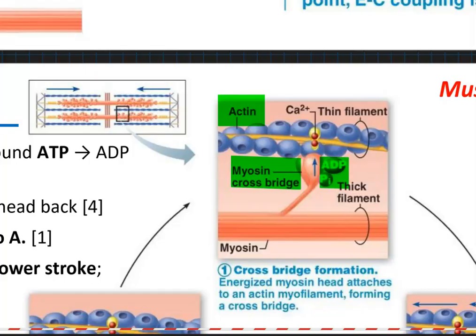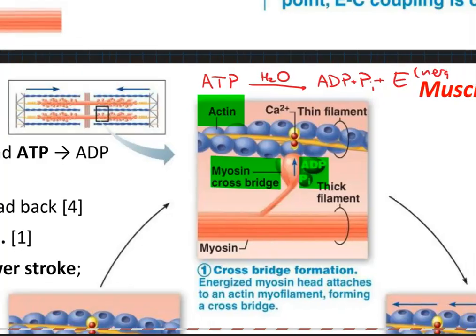Remember, just a quick reminder, the reaction of ATP hydrolysis, folks. ATP, when you add water and enzymes, is broken down to ADP, inorganic phosphate, and energy.